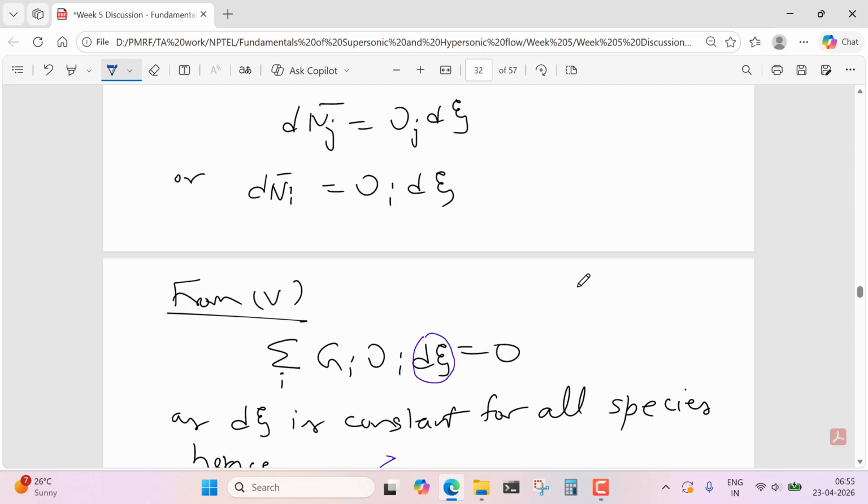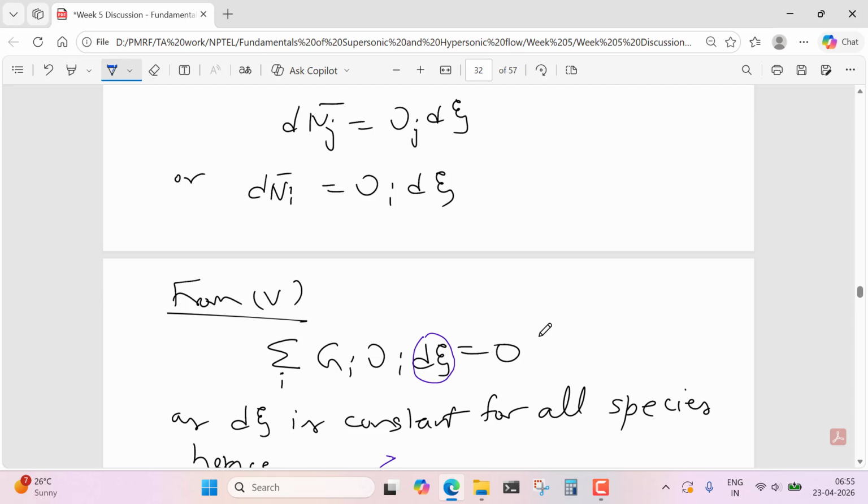Now, in the previous equation which we have derived for equilibrium flow, which was sigma i gi dni equal to 0, we will substitute the value of dni, which will give sigma i gi mu i d epsilon equal to 0. And we know that d epsilon is constant for all the species.